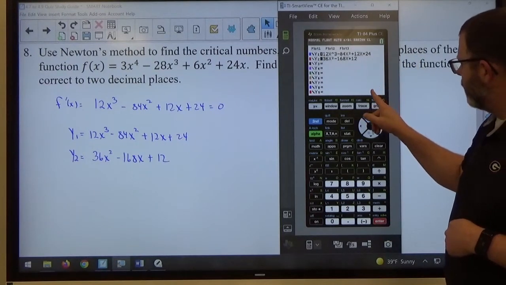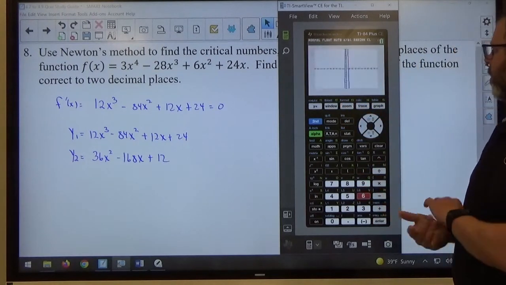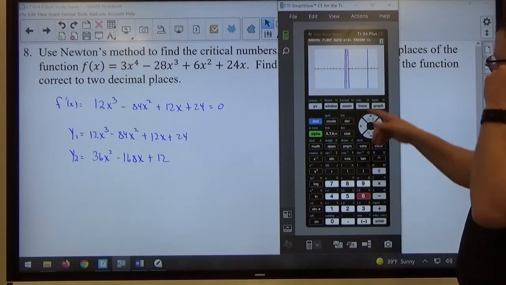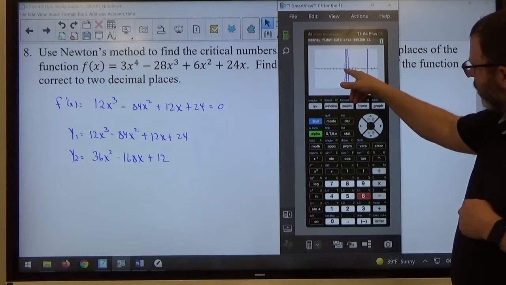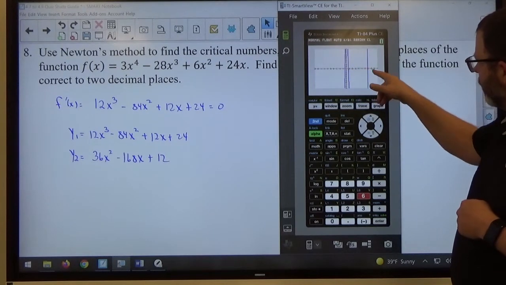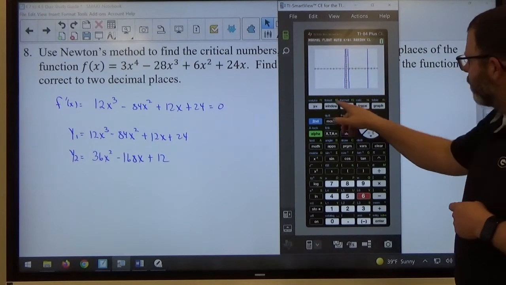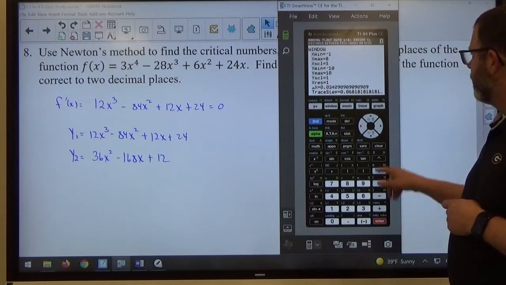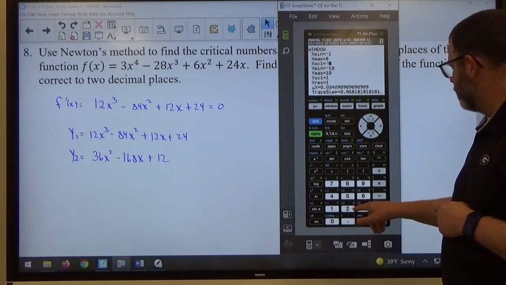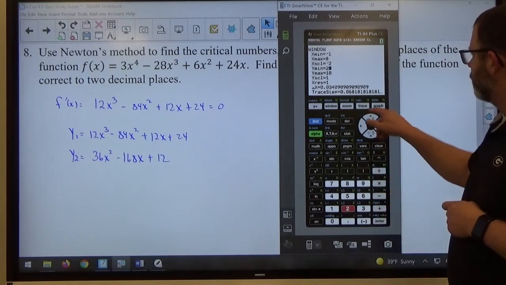I'm going to hit zoom 6, again assuming that all our answers are between negative 10 and 10. I've got 3 solutions. One's between negative 1 and 0. One's close to 7. So I'm going to go from negative 1 up to 8, and maybe go from negative 2 to 2 here.